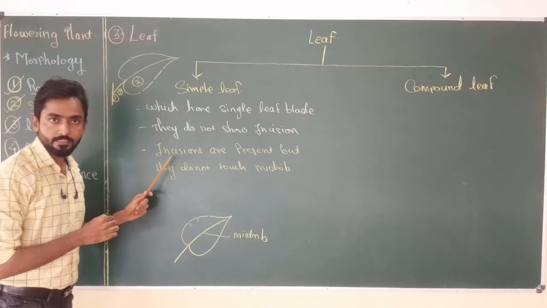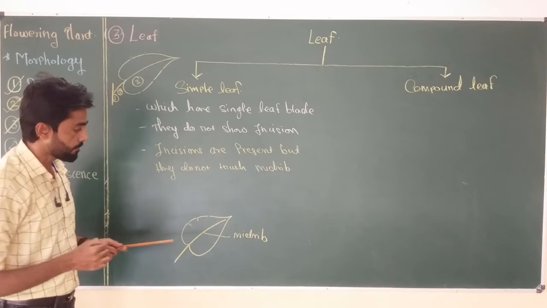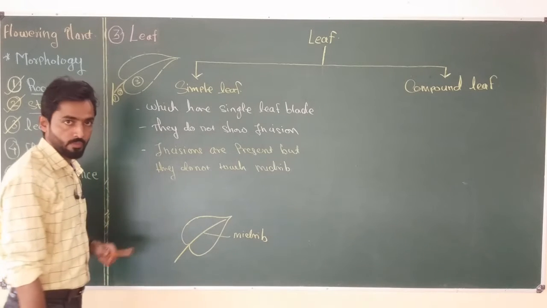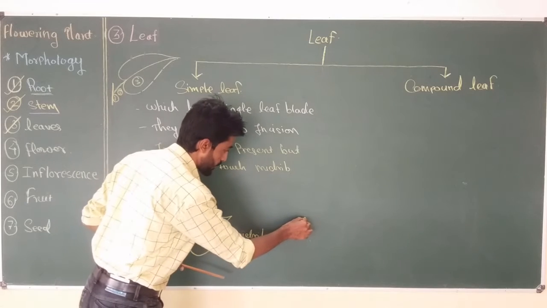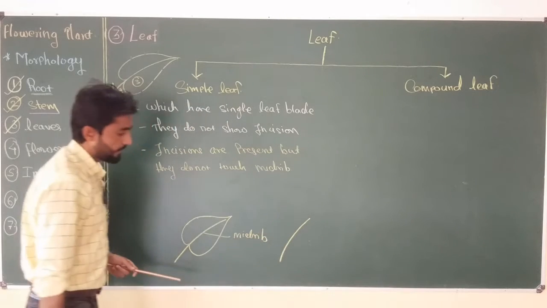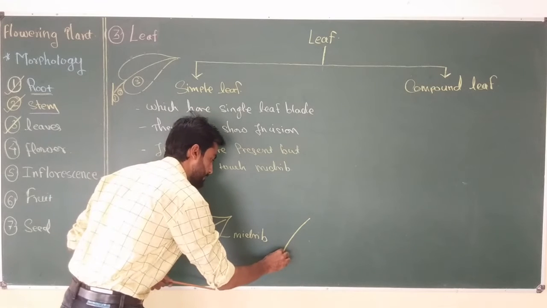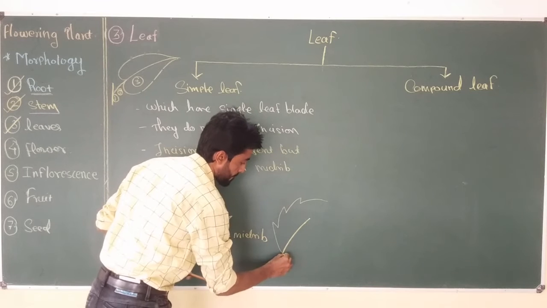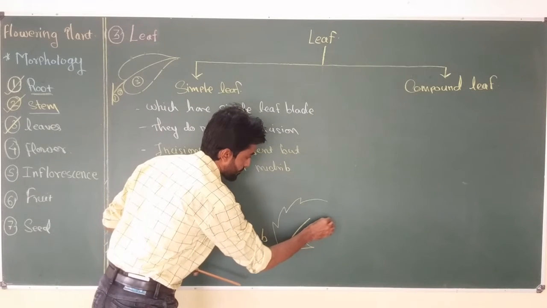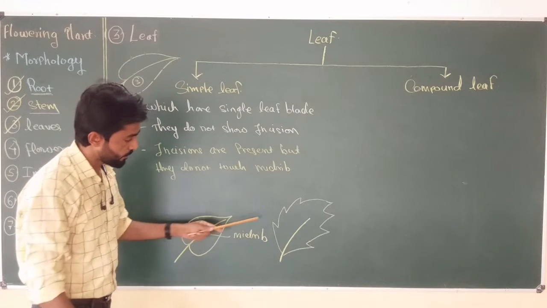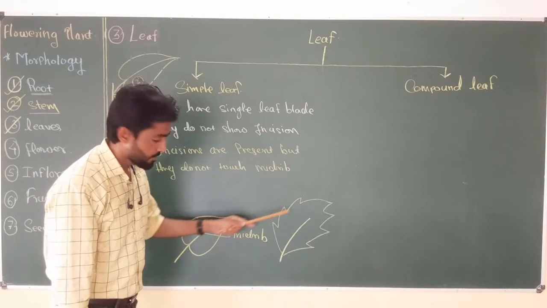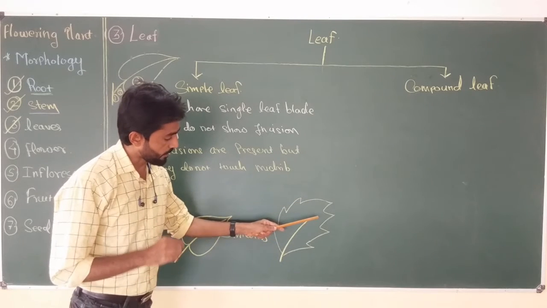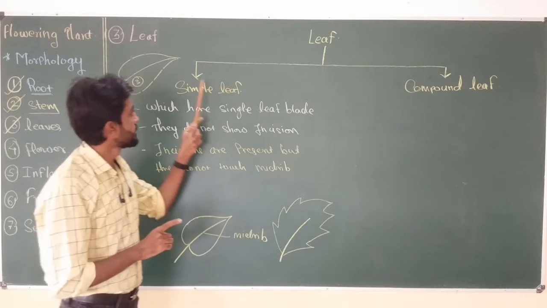So how exactly are these incisions present in the simple leaf? Suppose this is a simple leaf with intact continuous lamina. Sometimes you can observe the leaf in the angiospermic plant like this. Here you can see the incisions are present, but they are not touching the midrib, and the lamina ultimately looks single, so it is called a simple leaf.